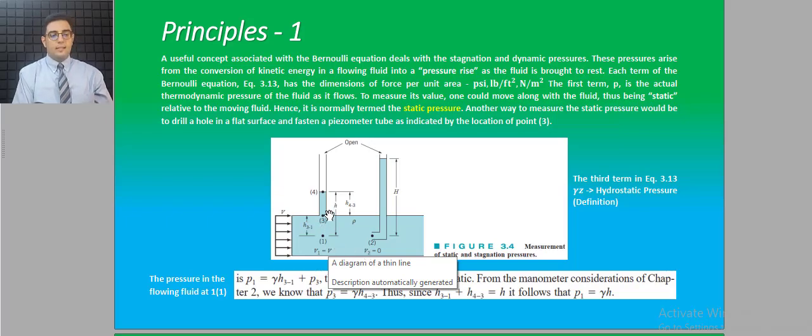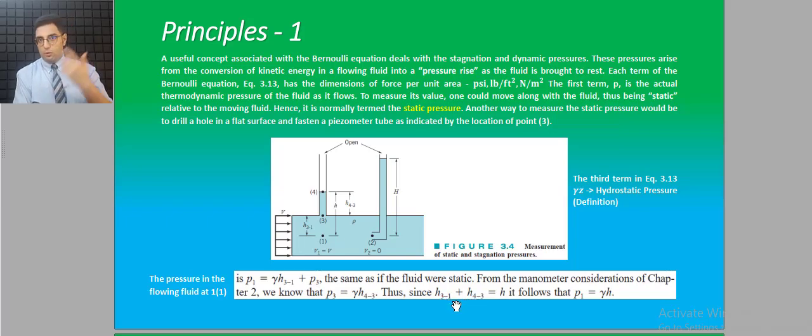The P3 itself is calculated from point 4, which is gamma H43. So we have the total P1 as gamma multiplied by H43 plus H31, which is totally the H, because as I told you, we are considering it as hydrostatic pressure. As we are moving down, the pressure increases. It's based on the concepts that I taught you in chapter 2.